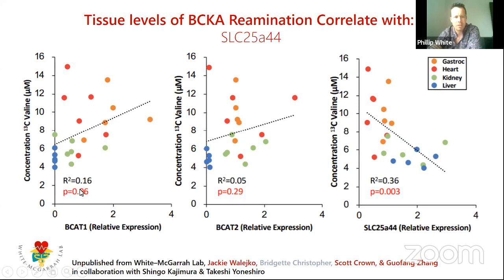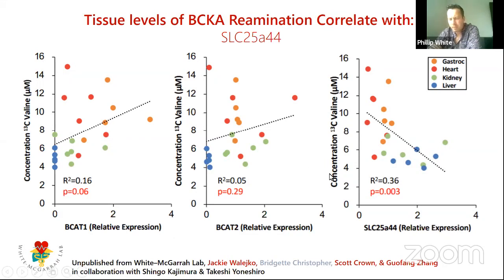And although there was a trend for a correlation with the cytosolic form, there was nothing really significant among these suggesting that that would be driving the tissue-specific differences in the amount of reamination happening.